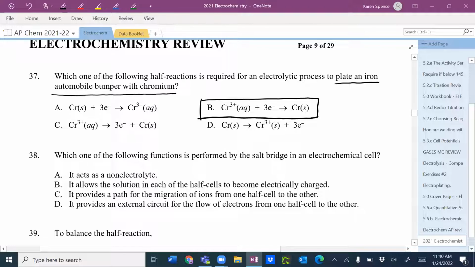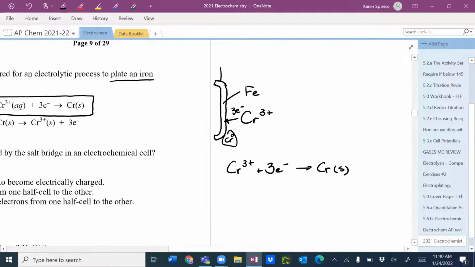By the way, is that bumper going to be the cathode or the anode? Yeah, it has to be the cathode because we are having reduction taking place there.